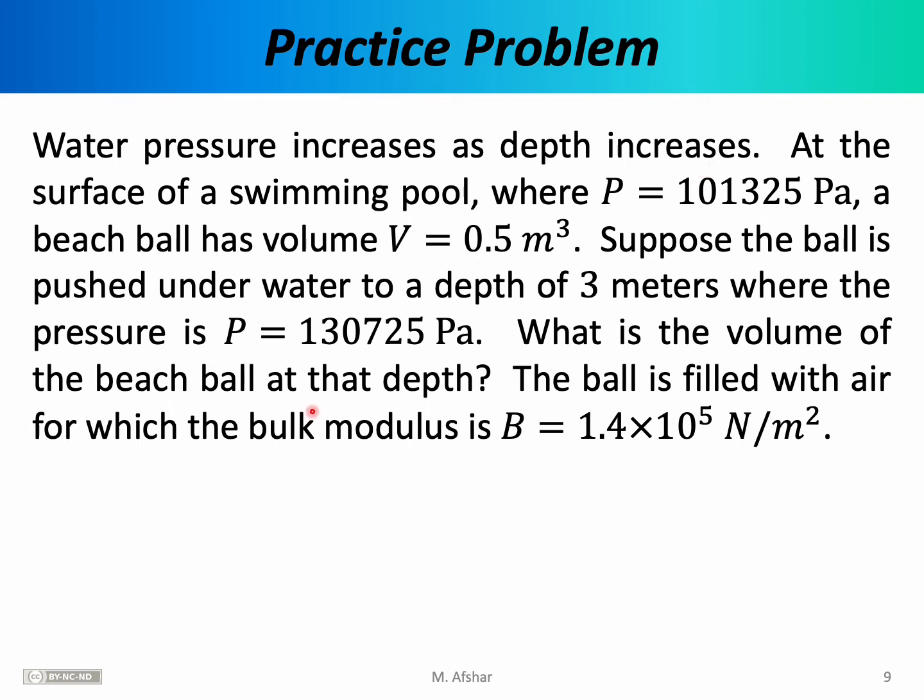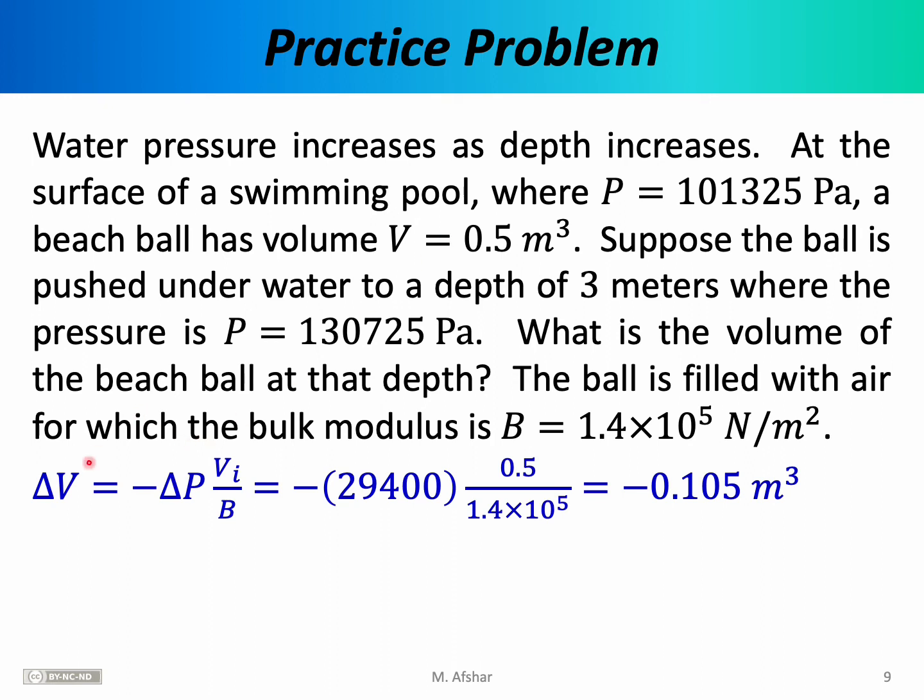And in this particular case, when the beach ball is pushed to a depth of 3 meters, the pressure acting on it will be approximately 130,725 pascals. This additional pressure or additional force will change the volume of the beach ball, so you should be thinking that the beach ball will shrink in volume. Once it's pushed underwater, its volume should be less than 0.5 cubic meters. We would like to know exactly what that volume is.